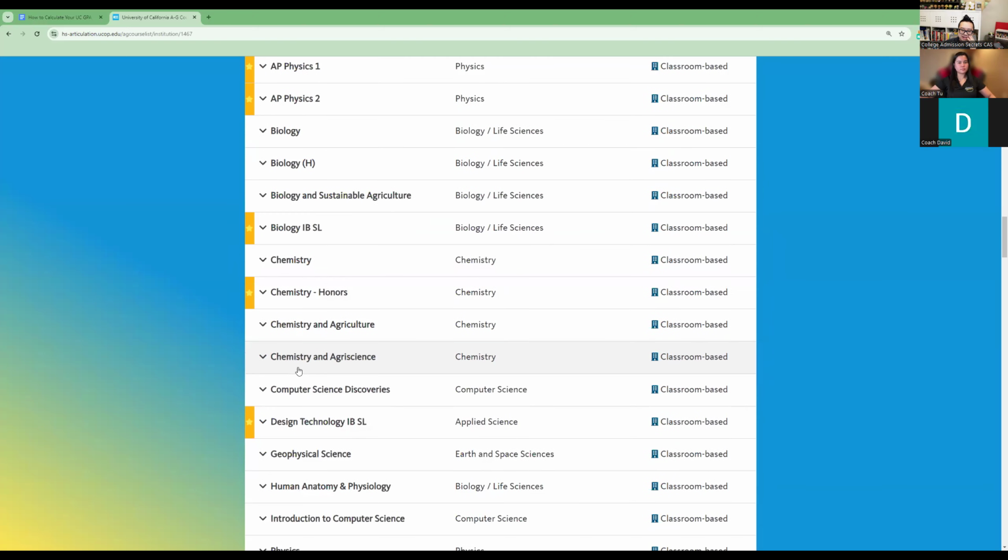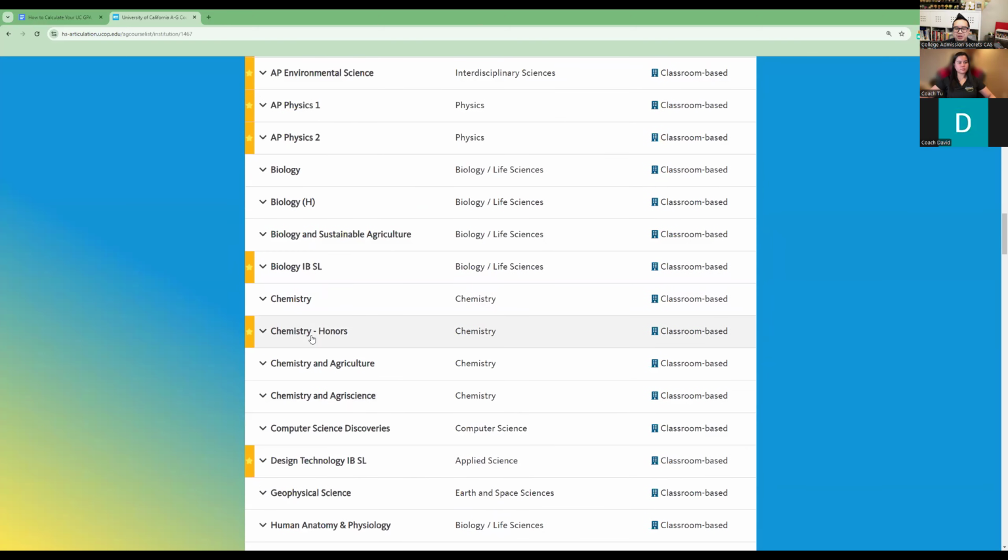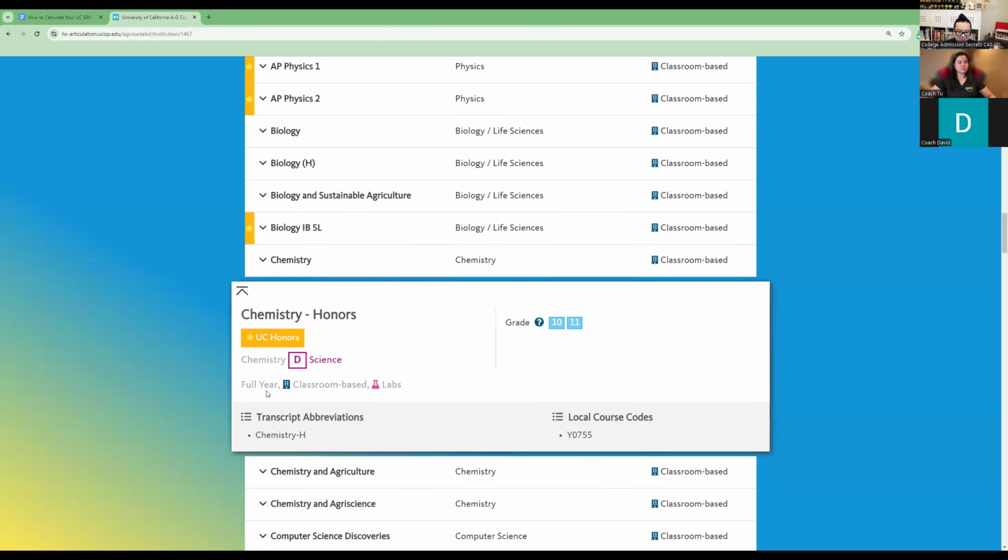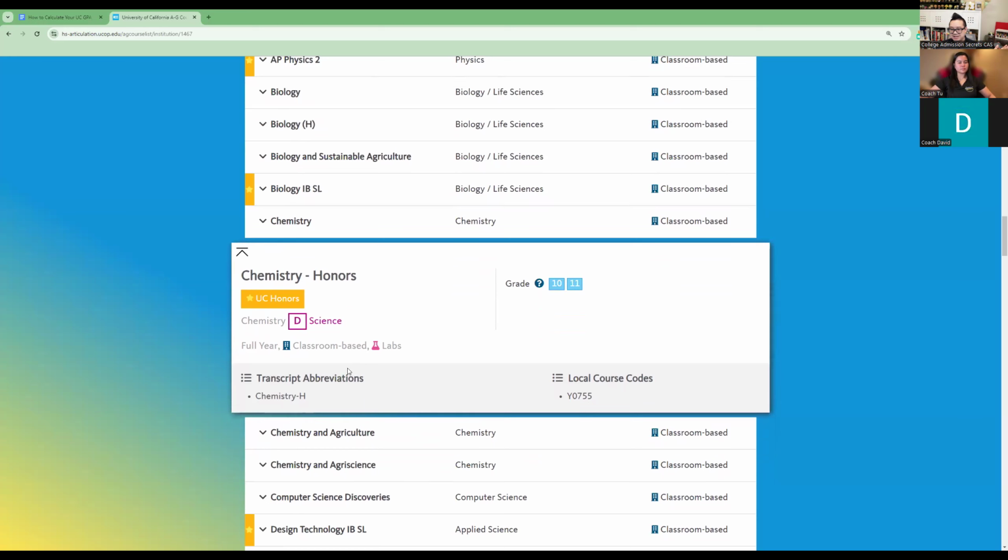So for example, let's say you took bio honors, you took chemistry honors. You see that little star here? That class will get you that +1. You click here, it says full year, right? I'm assuming your school has semester two, whoever's from Sunny Hills, right? Then that's 2 semesters of +1 for the honors points here.